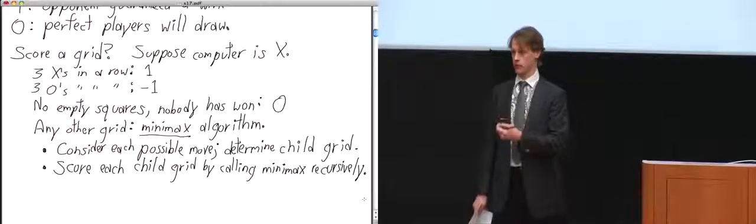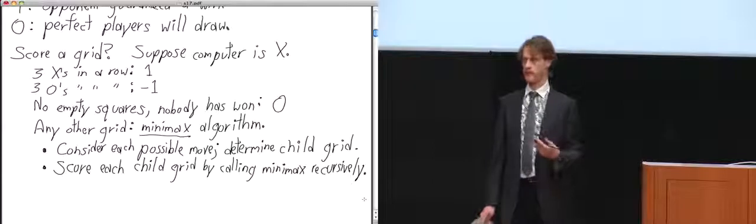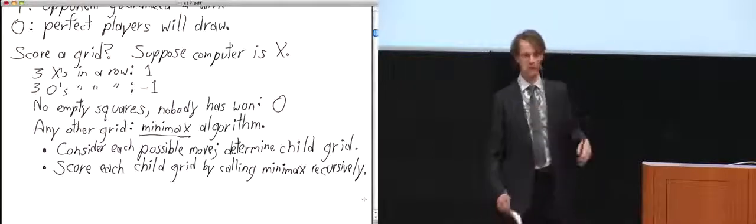Once you know the scores of all the children, you can figure out the score of the parent, because the score of the parent is going to be the score of the best child.